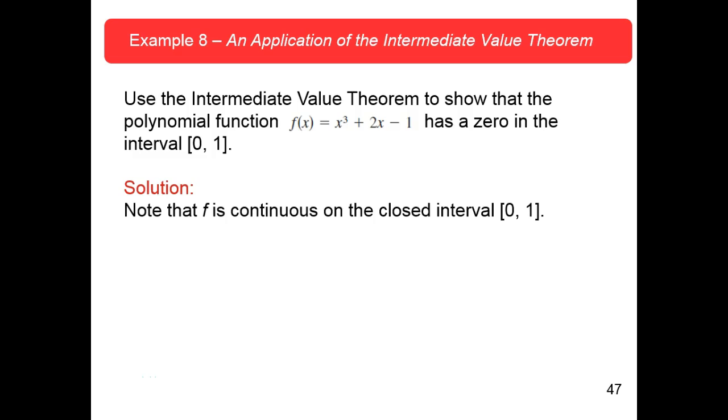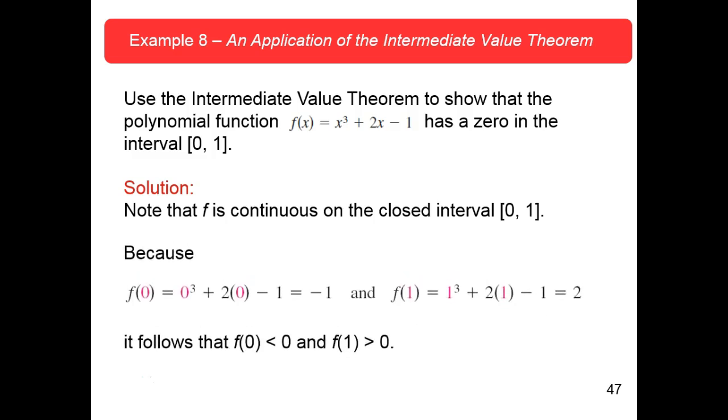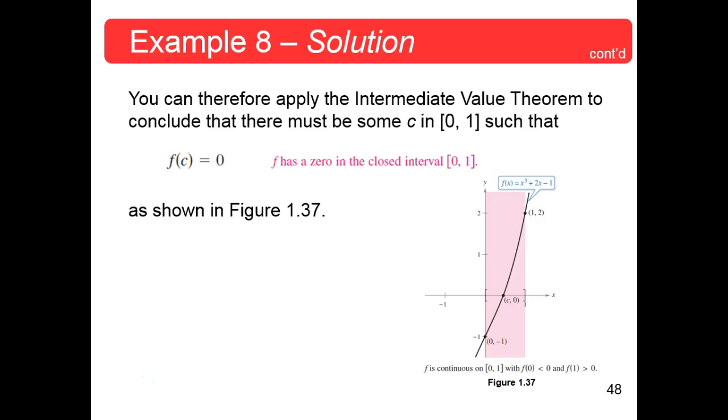Note that f is continuous because it's a polynomial function on the closed interval 0 to 1, and that f(0) is -1 and f(1) is 2. It follows that there has to be some place in between 0 and 1 where f(x) is equal to 0. Now, they did it graphically here. They still don't tell you what the c is, but here it's 0, -1, here it's 1, 2.